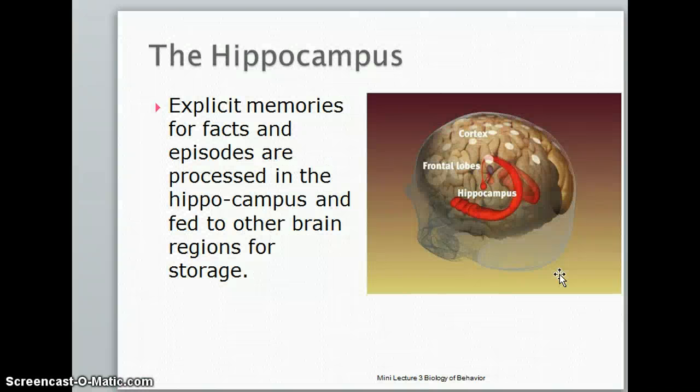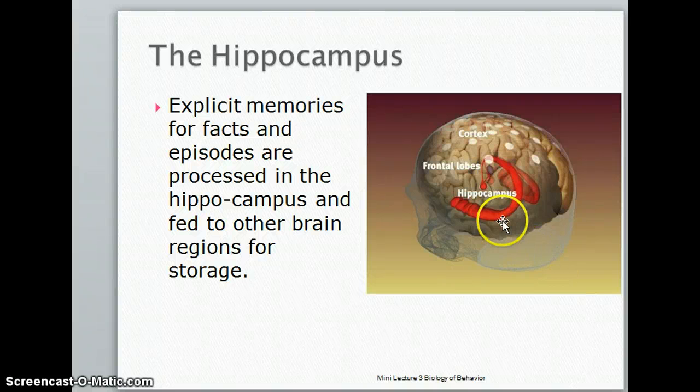The part of your brain that seems to underlie the ability to form short-term memories as well as to retrieve long-term memories is your hippocampus. And when you do one of the homework assignments related to the memory material, you'll learn about a disease called Alzheimer's disease.